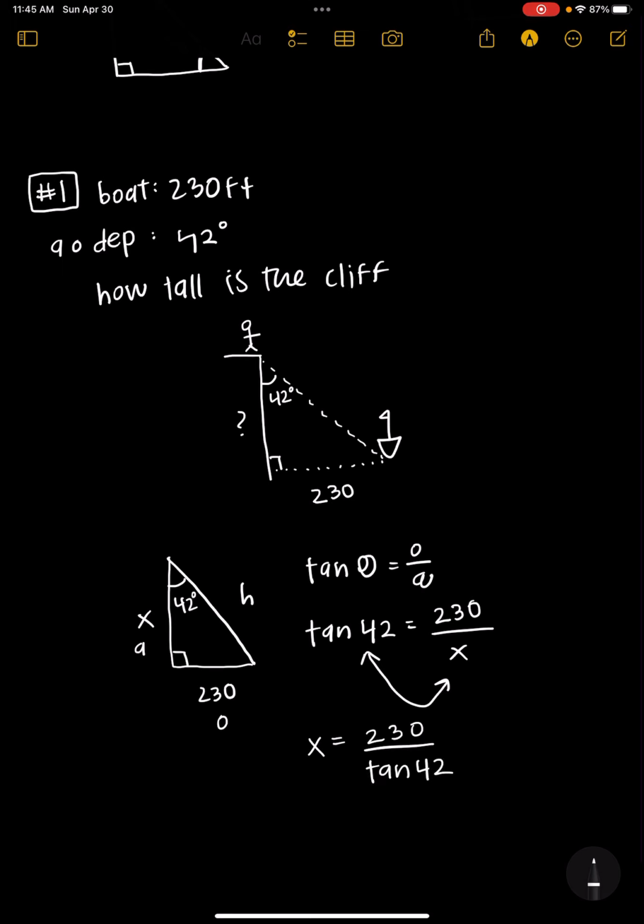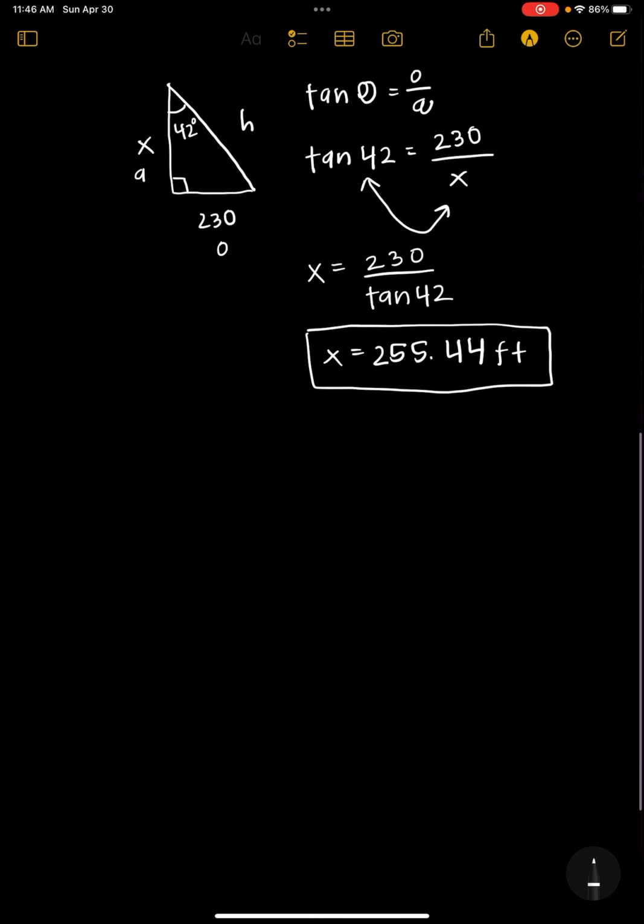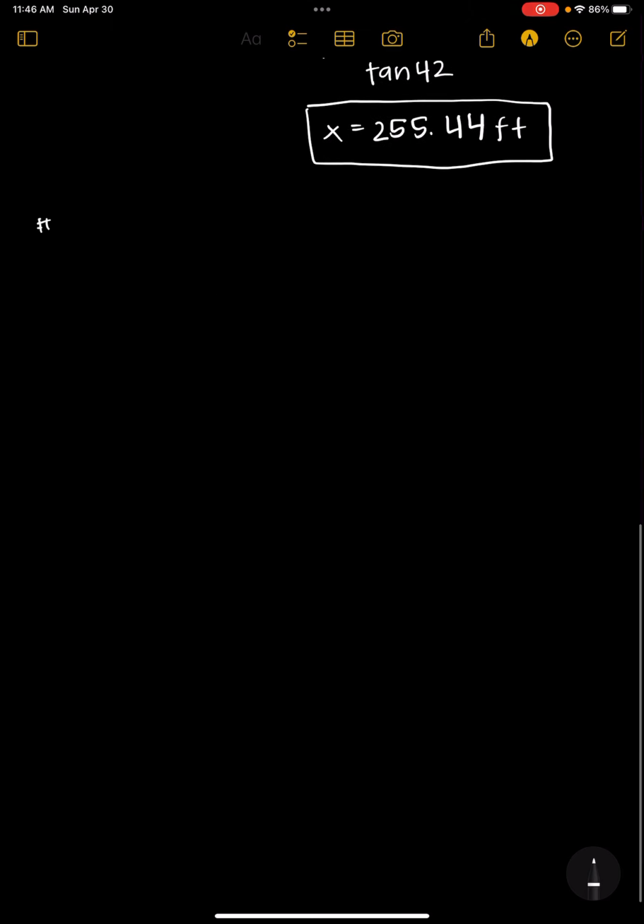And now I can plug that into a calculator, 230 divided by tangent 42, and I end up with x is equal to 255.44, and that's in feet. This is a word problem, so we need to make sure that we use our words to represent the numbers. So the cliff is 255.44 feet tall.